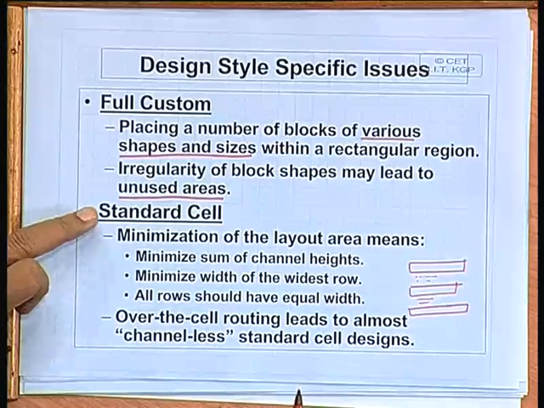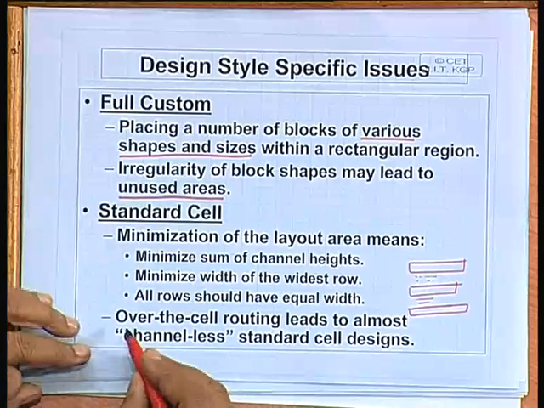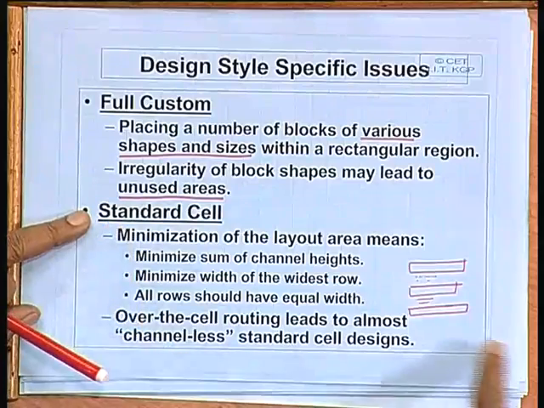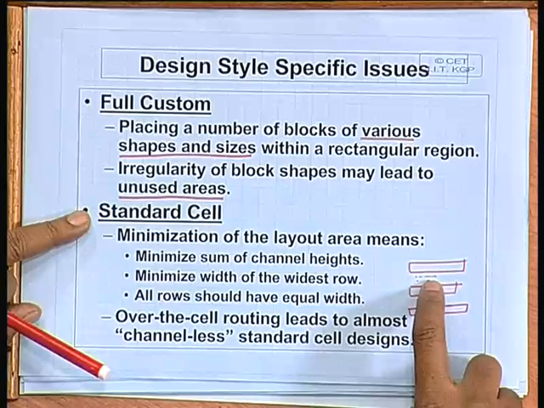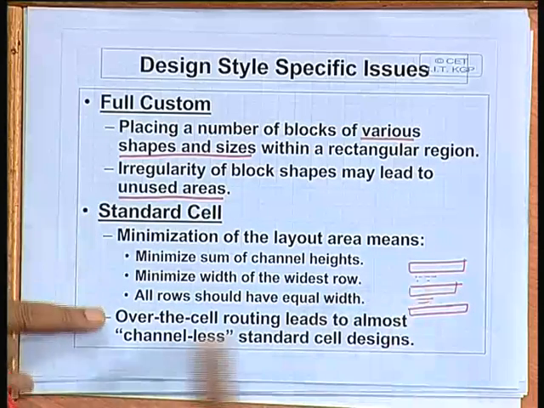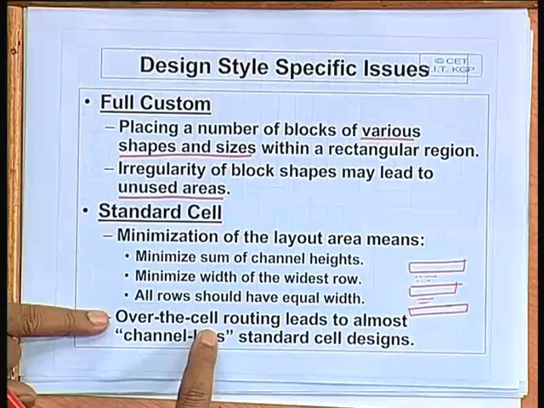Well, now in standard cell, there is a new concept which has come up. Normally, in the conventional standard cell, the space between the rows was kept aside for routing, but in a technique called over the cell routing, what happens is that you have the rows of cells, and just above that cell, there are some layers of metal.